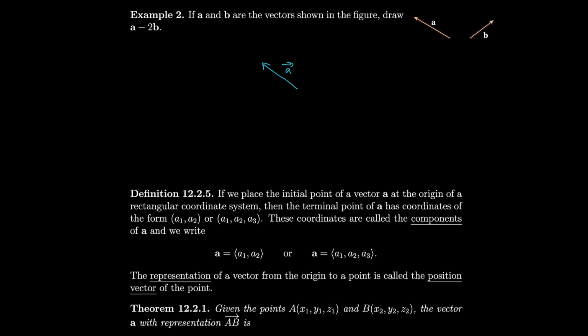So it should look something like this. Roughly, this is the vector minus 2 times b. And then I want to add them together, and I've put the tail of minus 2b at the tip of a. So now I can just follow along from the tail of a to the tip of minus 2b. And this will be the vector a minus 2 times b.